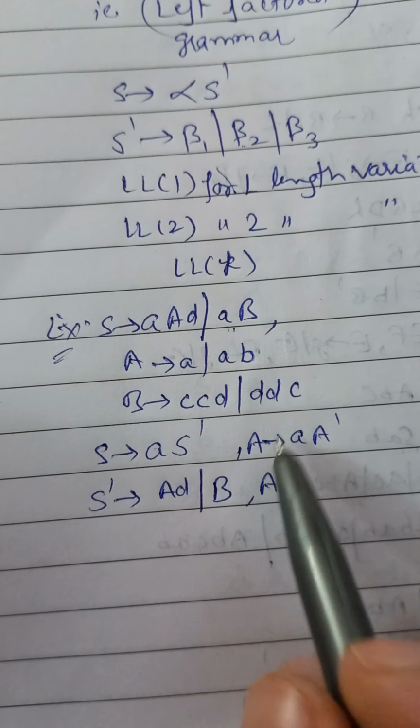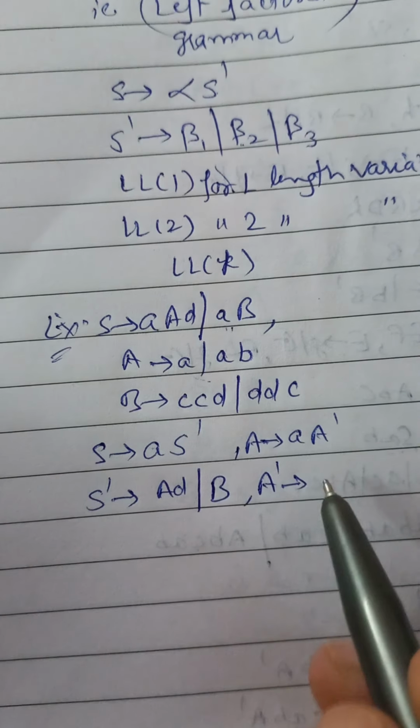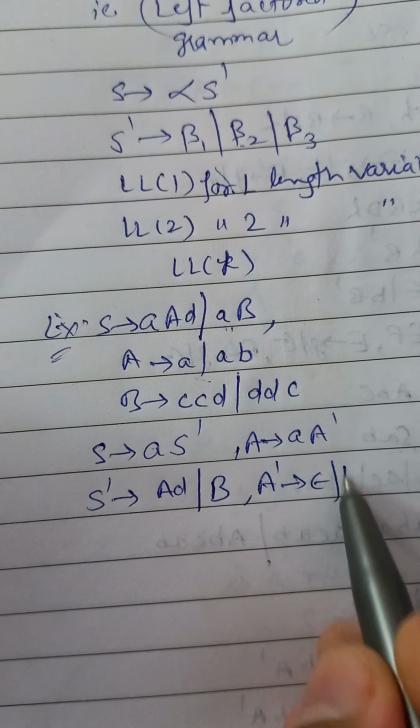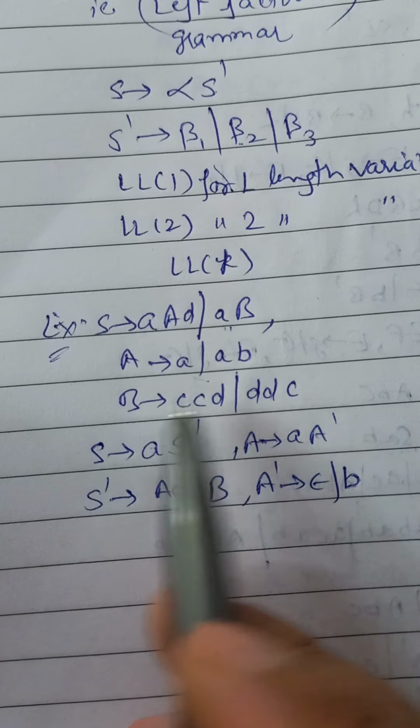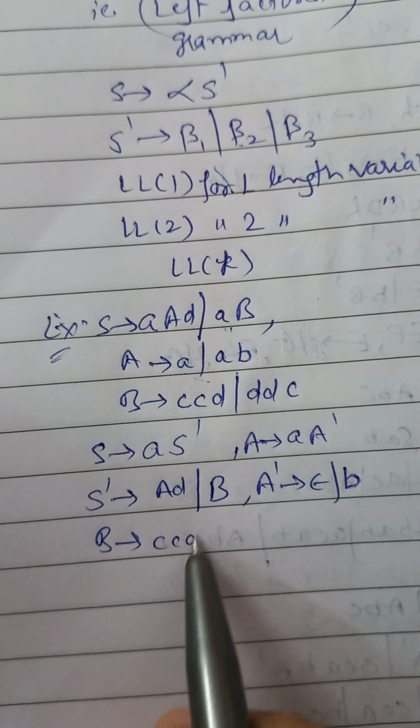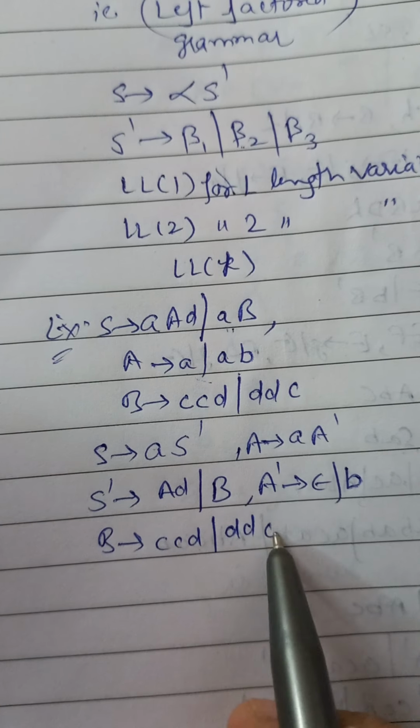A dash will be either epsilon, because here is a single A, or it can be B. These are the productions, and in B there is no left factoring, so it will remain the same, C C D | D D C.